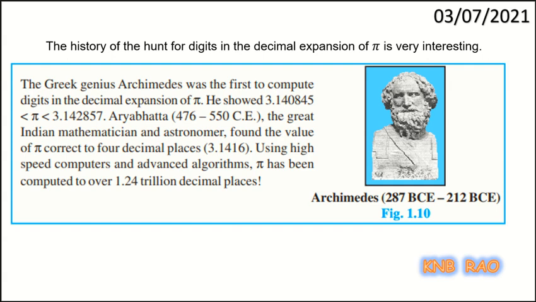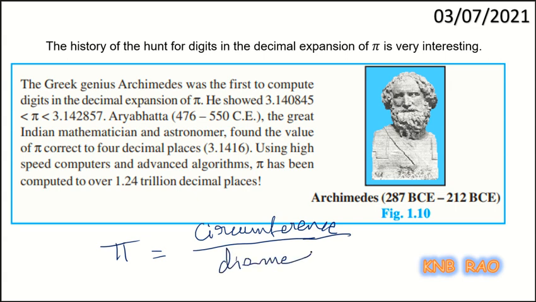What exactly does pi mean? Children, remember, pi actually means the ratio between the circumference of a circle and its diameter. So, in any circle, if you divide the circumference by its own diameter, you will get the pi value.